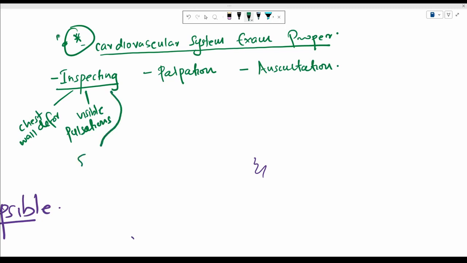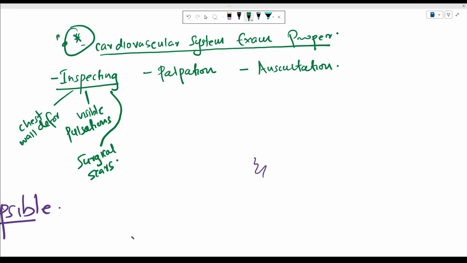Then you check for surgical scars. The surgical scars might tell you that the patient has had a CABG, or a mitral valve replacement, right? So those things should be seen.